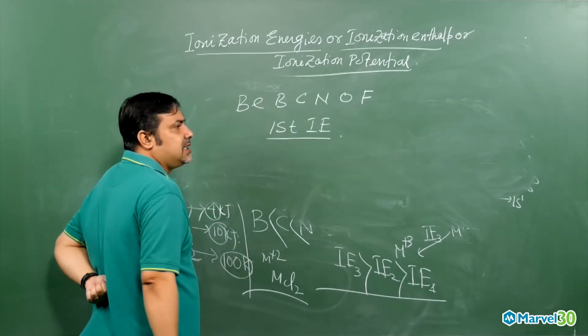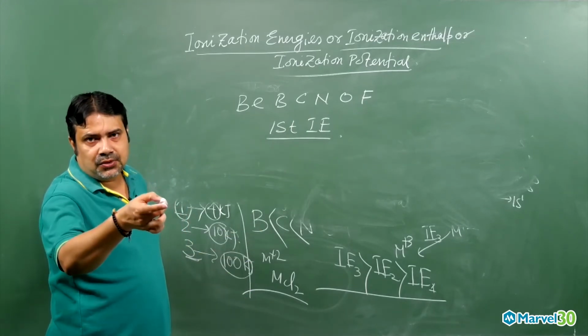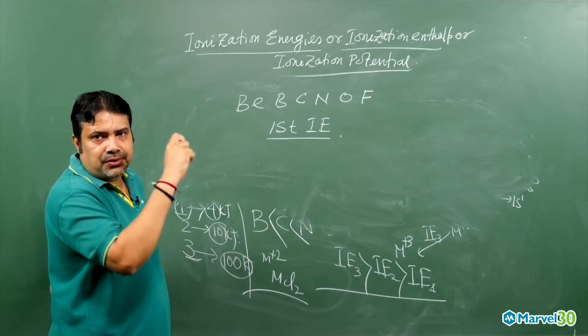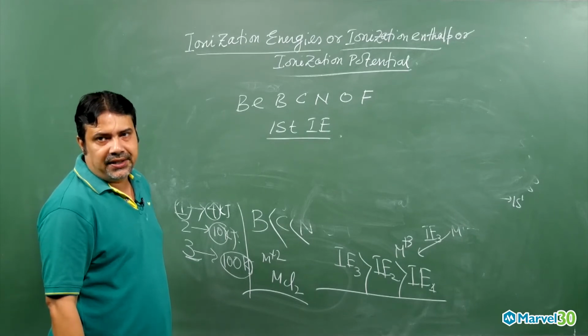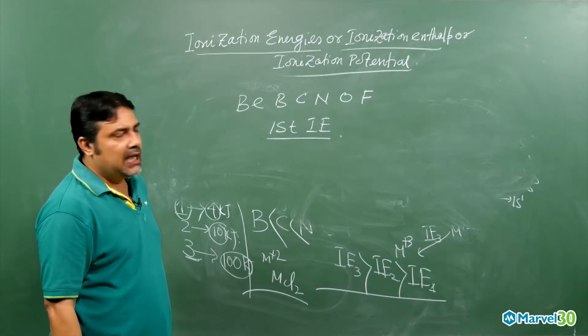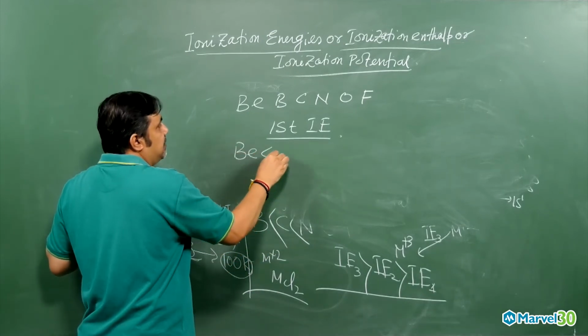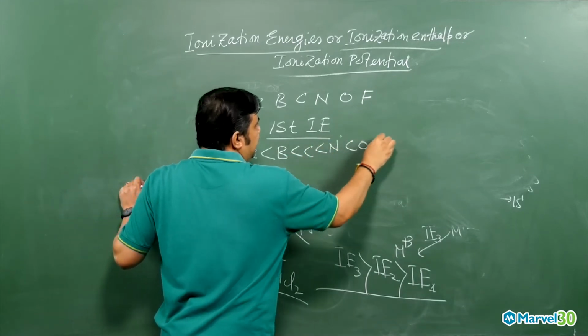Effective nuclear charge increasing means the force of attraction will be very high, which means to knock out the electron, you need more energy. So ionization energy will increase from left to right. According to that logic, the order will be beryllium, boron, carbon, nitrogen, oxygen and fluorine.